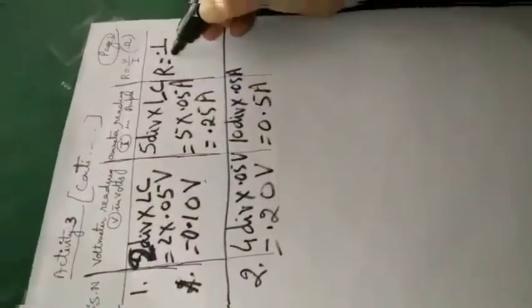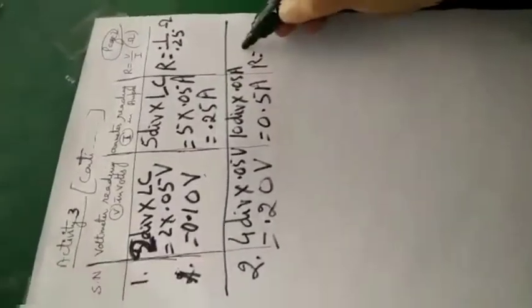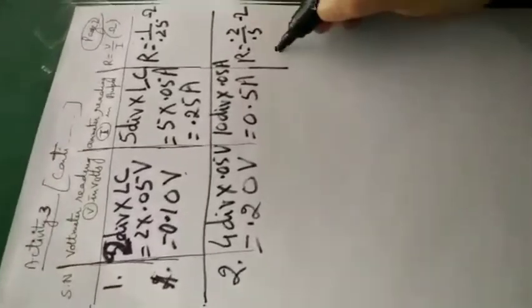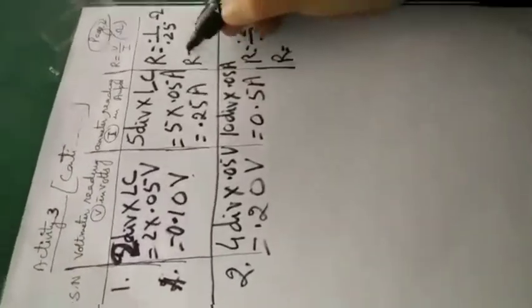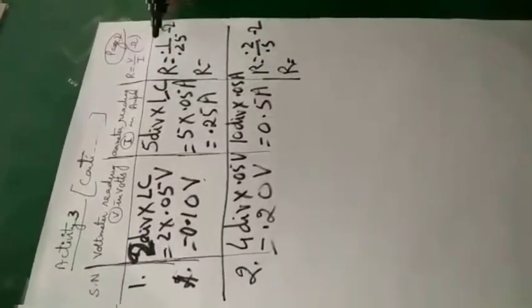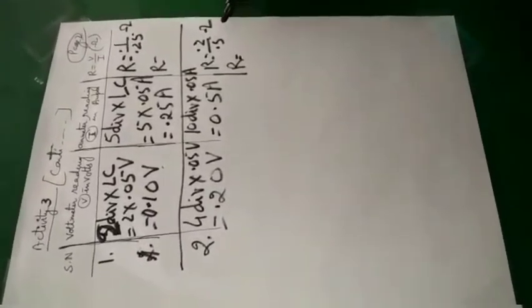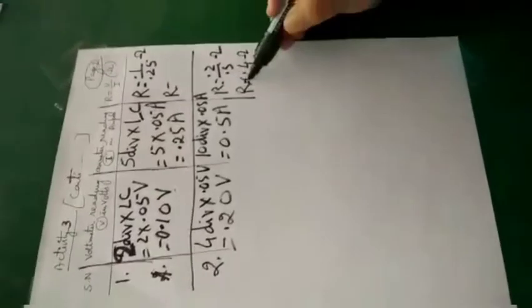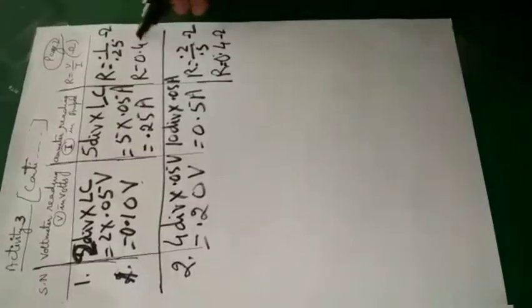So 0.1 by 0.25 ohms, and here the resistance is 0.2 by 0.5 ohms. That means 1 divided by 2.5 and 2 divided by 5. So this is 0.4 ohms and this is also 0.4 ohms.